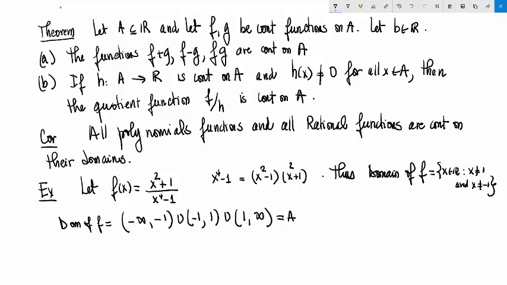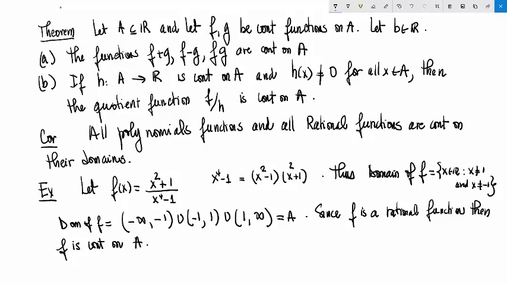And then clearly, since f is a rational function, then f is continuous on all of A. The sine function is continuous on the set of all real numbers.